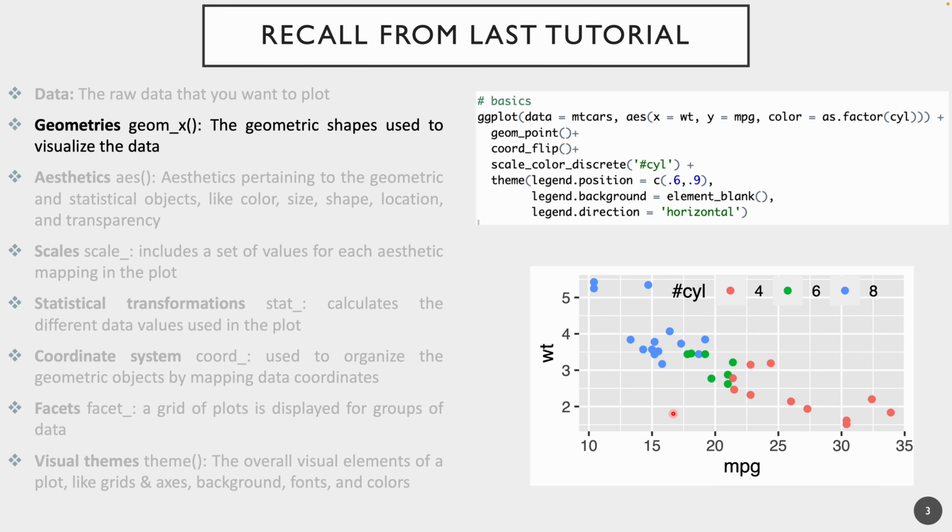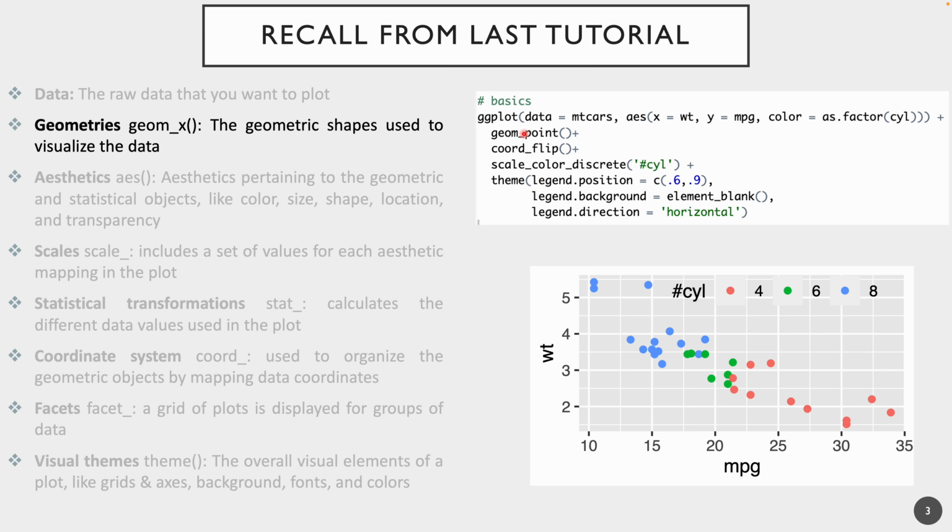In the last tutorial, we had a quick introduction of different functions or grammars used in ggplot2, and one of the most important features of the grammar is how to visualize using different geometries by using the geom_ function. This means different types of geometries we can do in ggplot2.